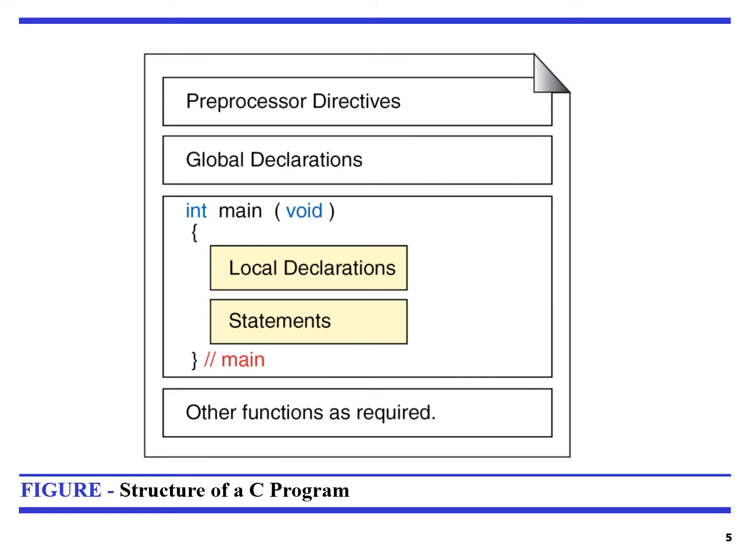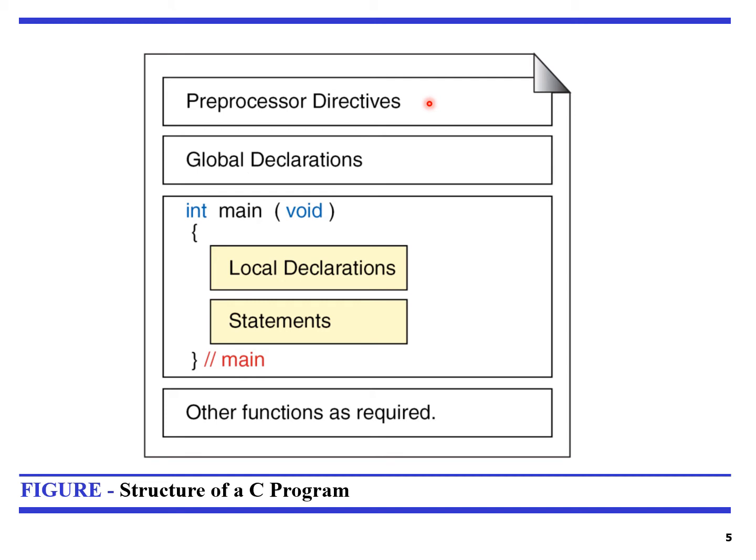The figure shows the structure of a C program. It starts with preprocessor directives. The preprocessor directives give instructions to the compiler to preprocess the information before actual compilation starts.